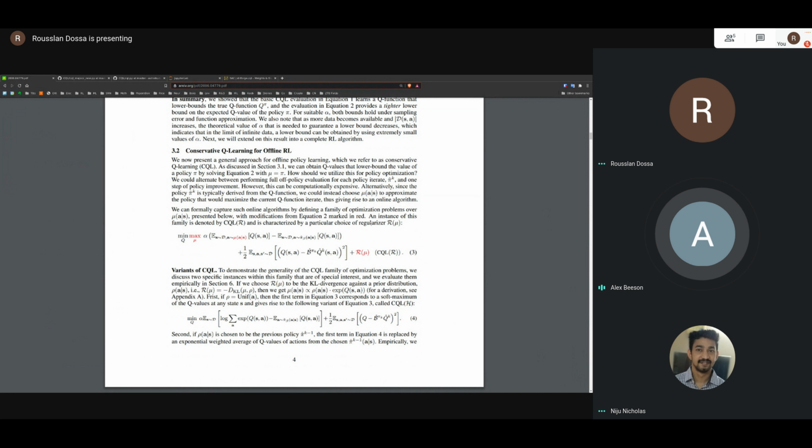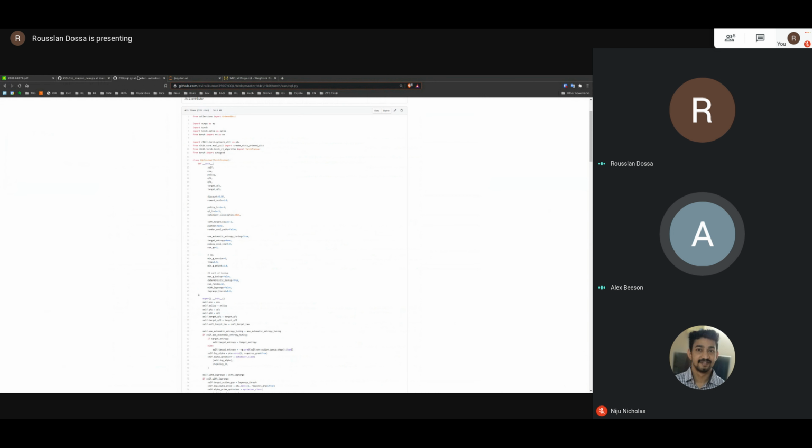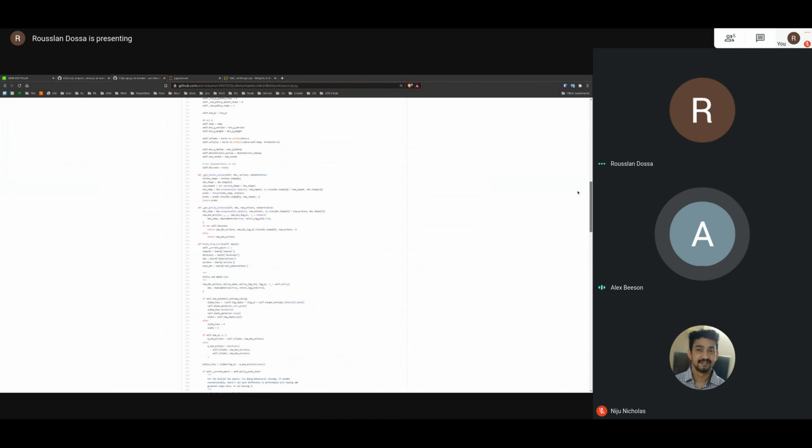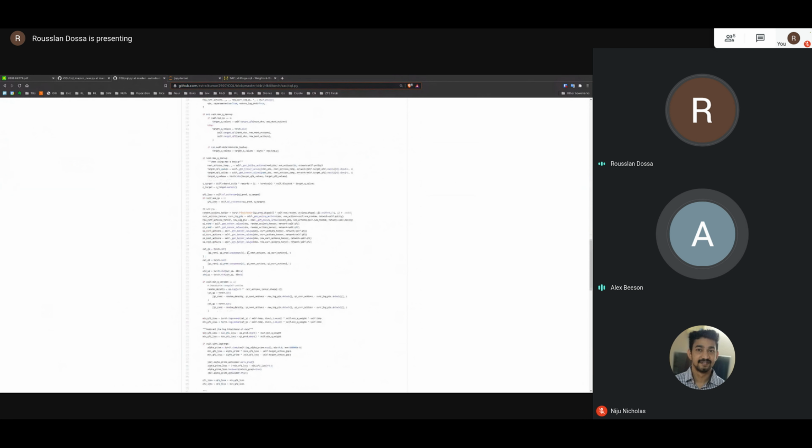So in what I've tried, which I think actually might be slightly wrong, but it seems to have worked, is I've tried the one where they put rho as a uniform, like random policy, I think. But actually, if you go into their code, they do some importance sampling for selecting actions from a random policy and from the policy that's being trained.